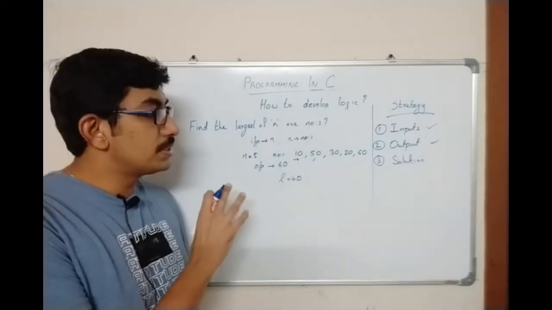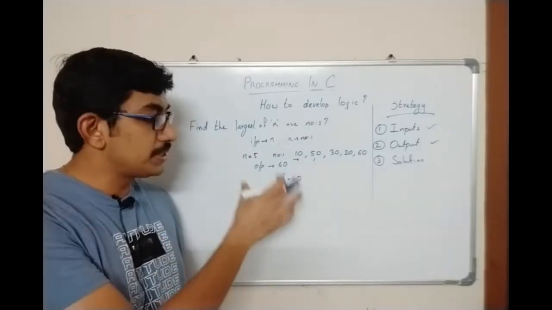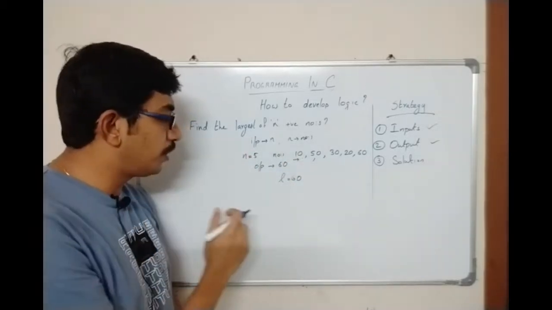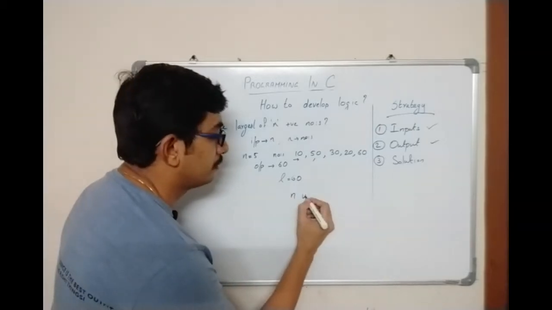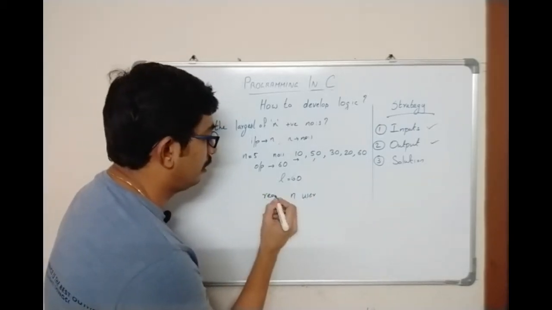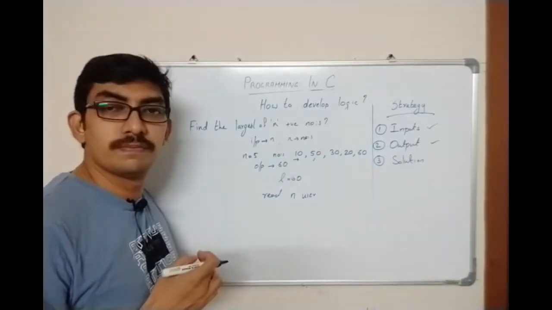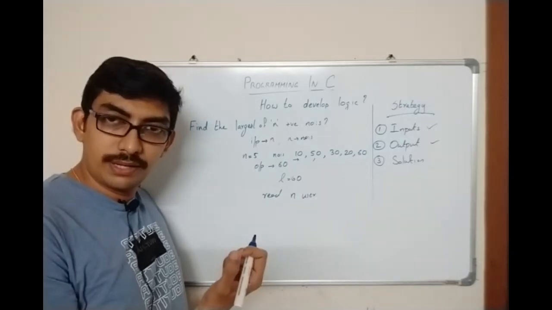Okay. So this is the thing we have to convert into a program. First we will draw a skeleton just like the previous case. So what all are the inputs? First you are going to read n from the user. Read n from the user. Then you have to read the n numbers. Which means if n is 10, you are going to read a number n times.